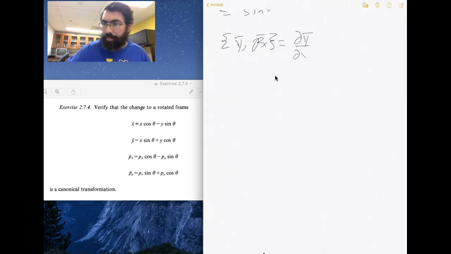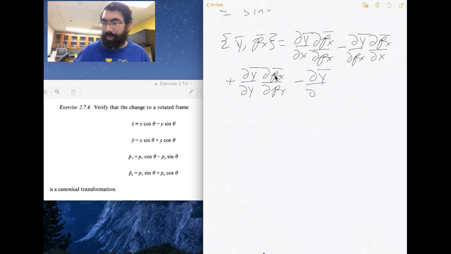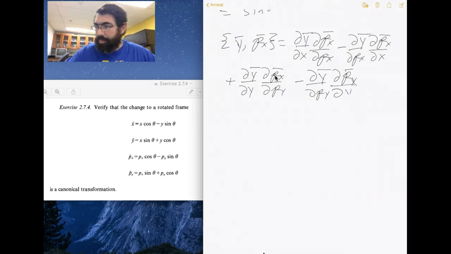Derivative of y bar with respect to x, derivative of px bar with respect to px, minus derivative of y bar with respect to px, derivative of px bar with respect to x, plus dy bar dy, dpx bar dpy, minus derivative of y bar with respect to py, derivative of px bar with respect to y.